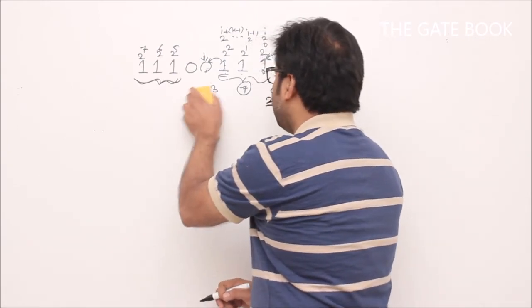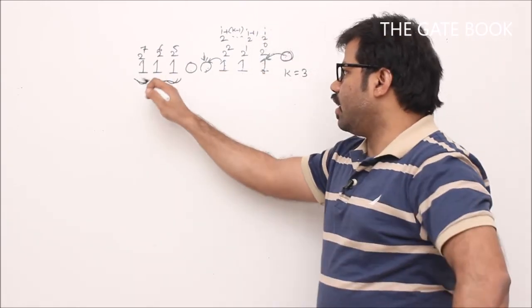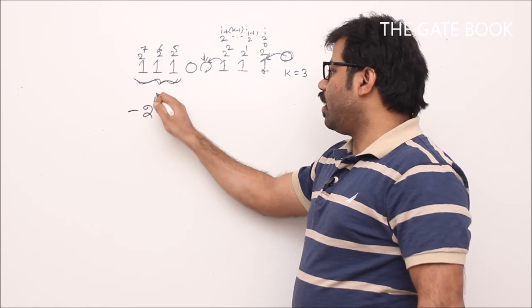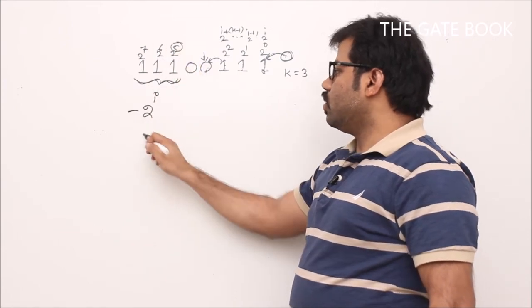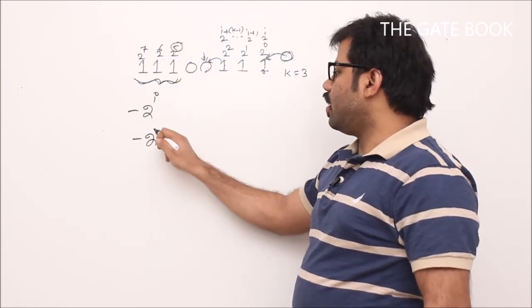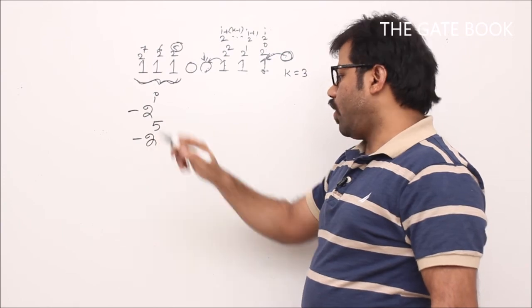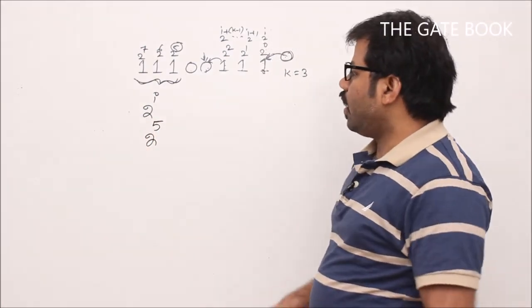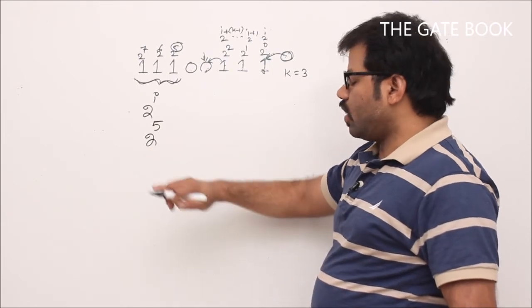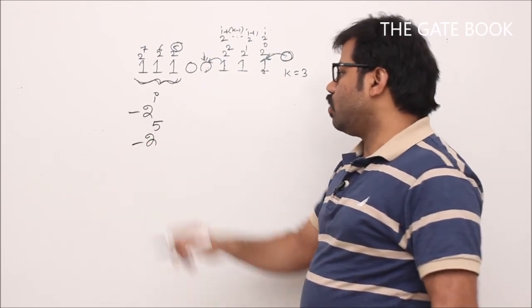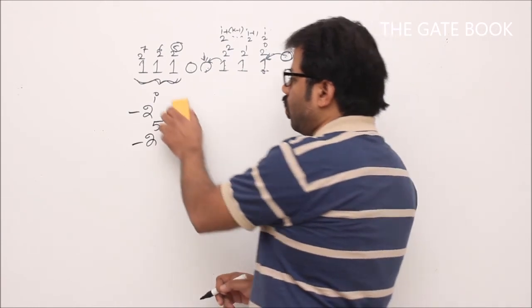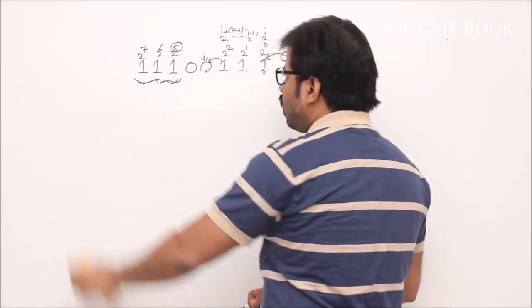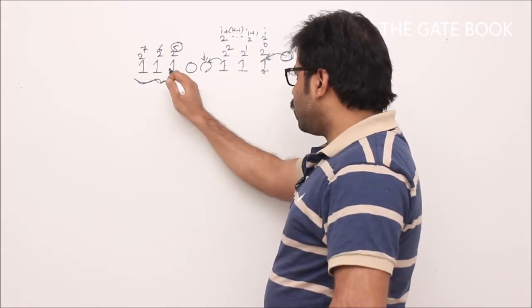Now recall, the simplification of this entire thing is minus 2 to the power of I, where I is nothing but 5. So finally we have to write minus 2 to the power of 5, blindly. That means here we have to write minus 1.